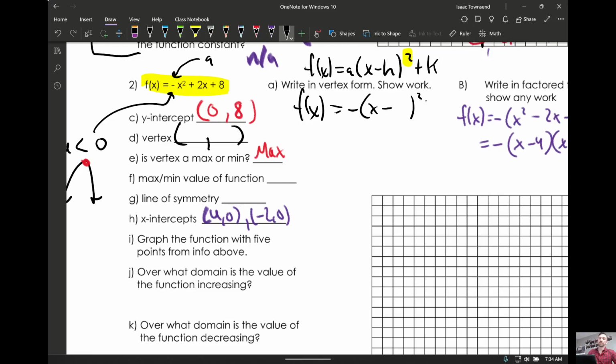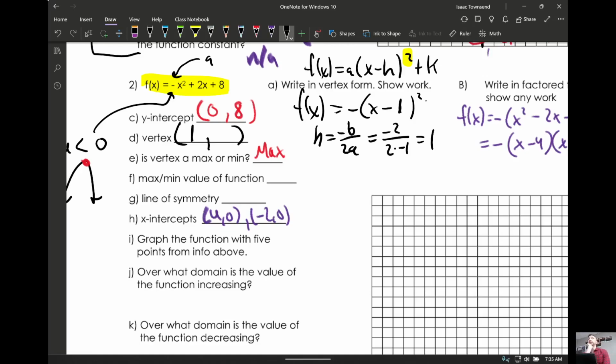It would be 3 away from this and 3 away from this. That's one way you can do it. Or I still recommend that you use this as well. Take the opposite of b over 2 times a and solve, you also get 1. So subtract 1.